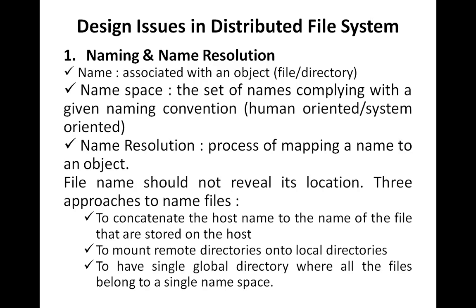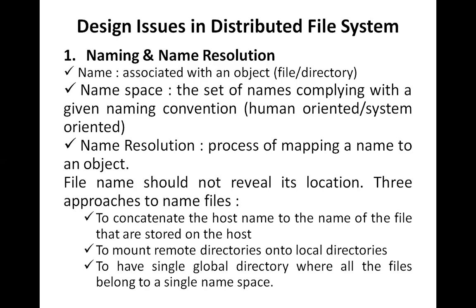As far as naming is concerned, a name in the file system is associated with an object, and that object may be a file or a directory. Namespace is a collection of names which may or may not share an identical resolution mechanism.